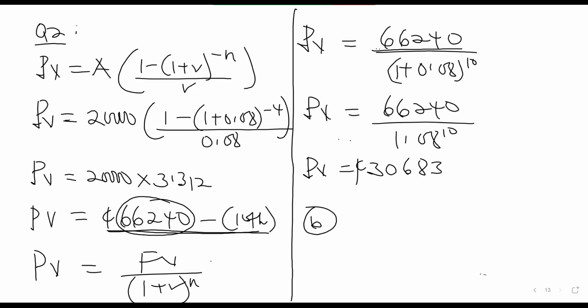Sir, the last one, the PV, is supposed to be 82, not 83. The approximation is supposed to be 82, but you made it 83. Mention the figure that you have gotten.